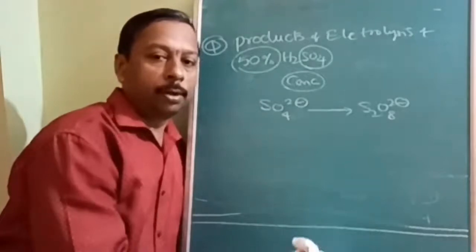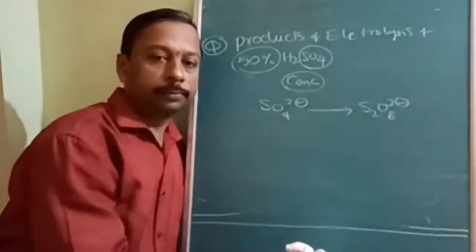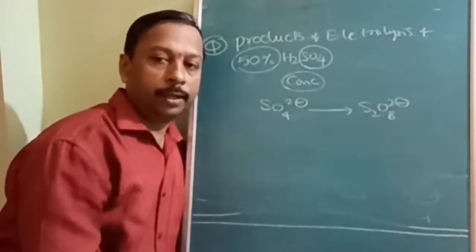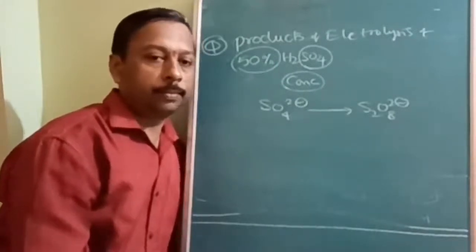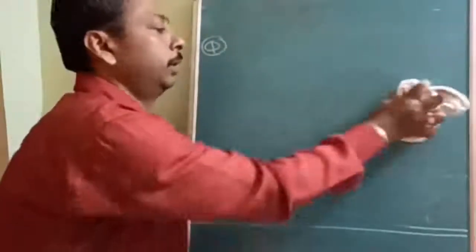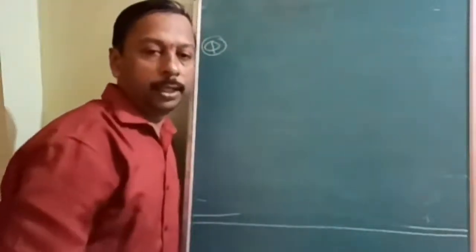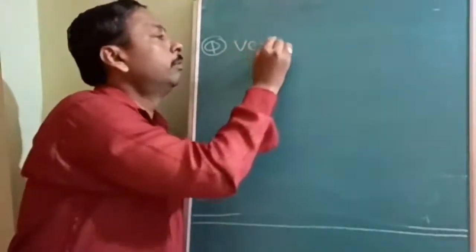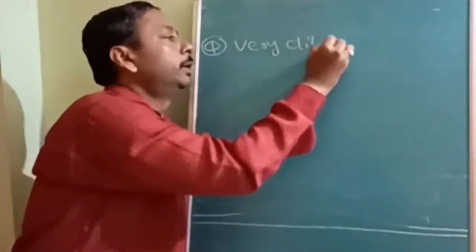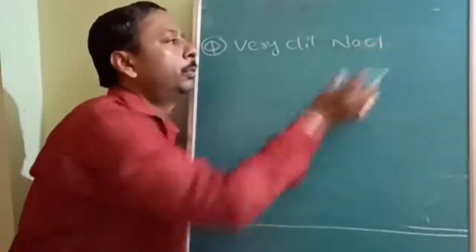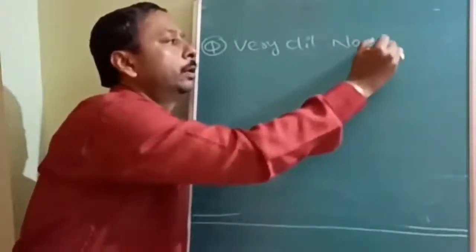Next, write down the products of electrolysis of very dilute NaCl.